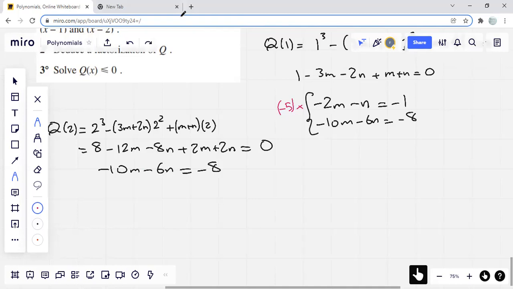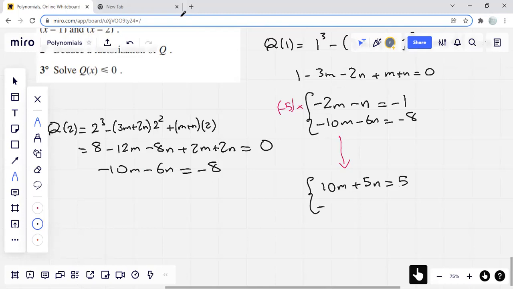Okay, so this system will be written like this. After multiplying this by minus 5, we will have 10m, minus 5 times minus n is plus 5n. And we must not forget to multiply minus 5 by this last answer over here, so this is equal to 5.